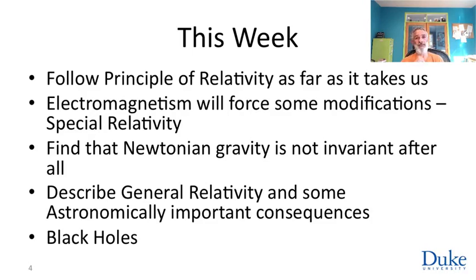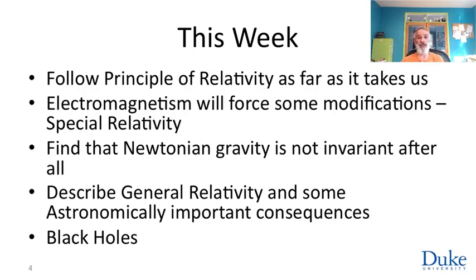The technical aspects of GR are unfortunately something we will not be able to master. So we will be a little bit more impressionistic in our description of general relativity. But we will describe what the theory says and how it's constructed and some of its more astronomically interesting consequences. And finally, we'll apply it to the important question of what happens to a star whose core is too massive.